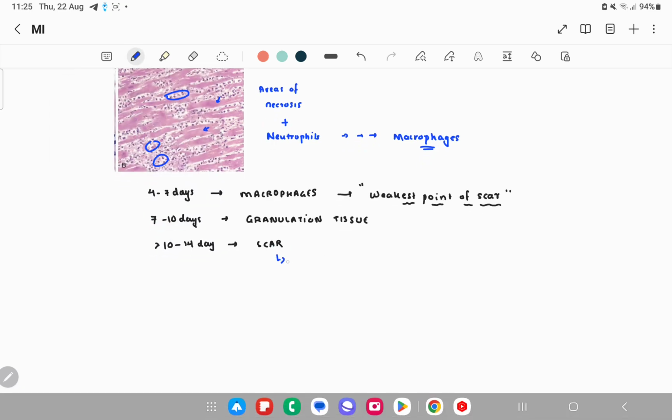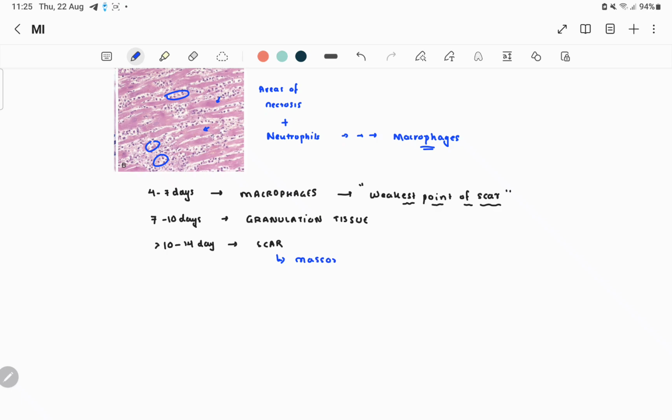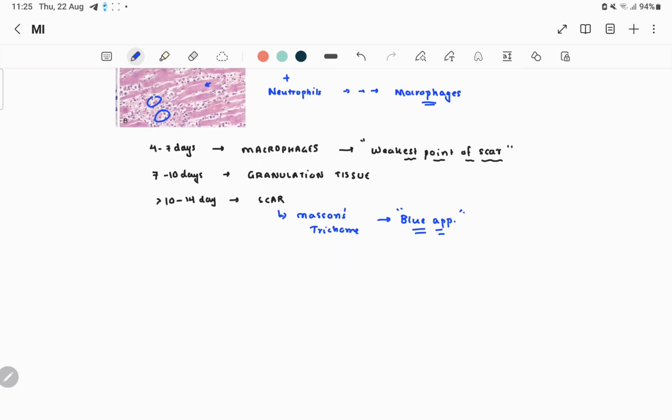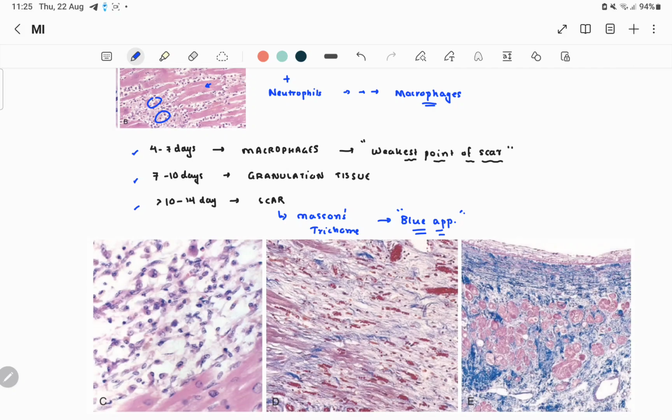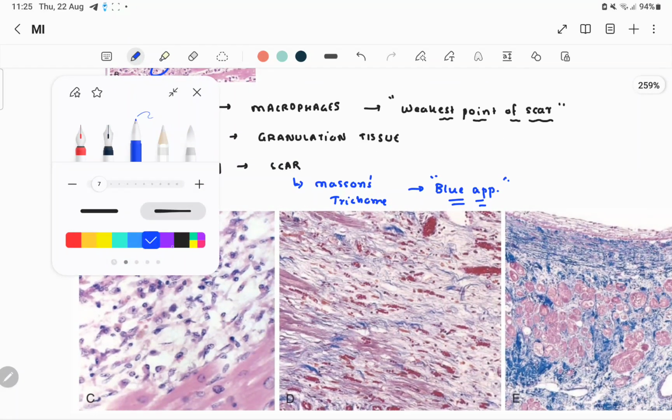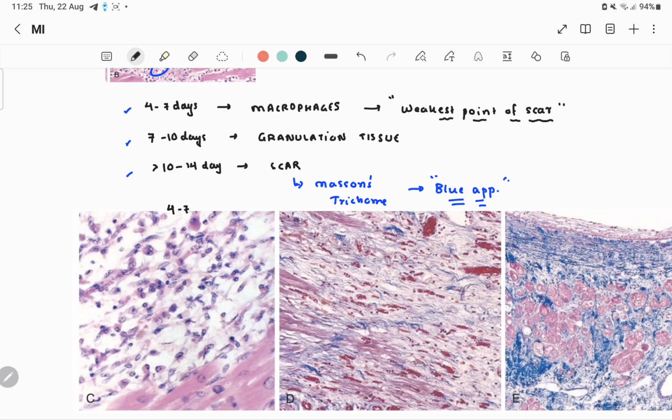So if you stain with Masson's trichrome, this will have a blue appearance. Let's see the infarcts of 4 to 7 days, 7 to 10 and 10 to 14 days with a picture. Okay, look at this. You can guess this is 4 to 7 days. Why? Because we have clear areas, and these clear areas indicate macrophages.